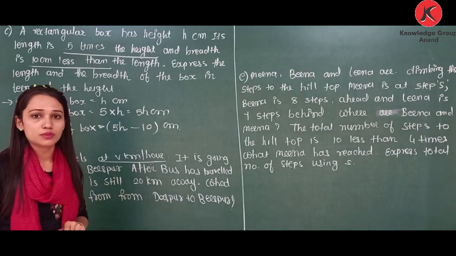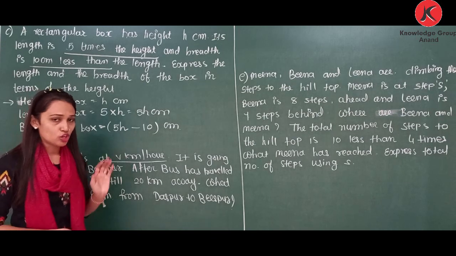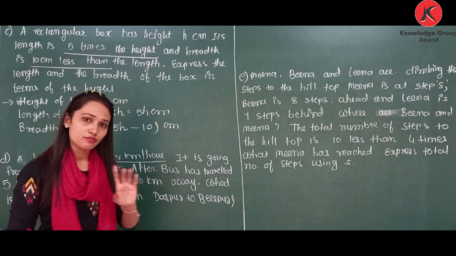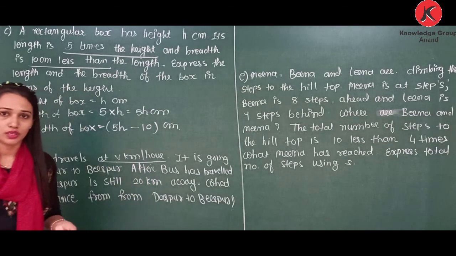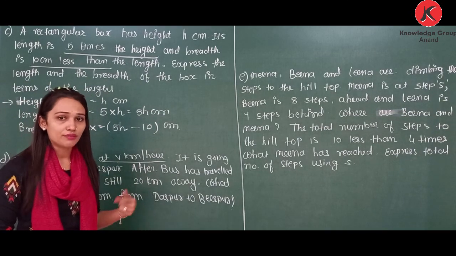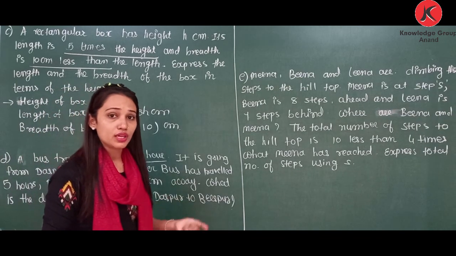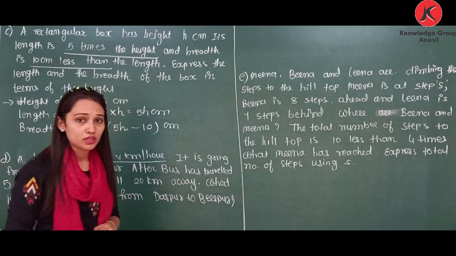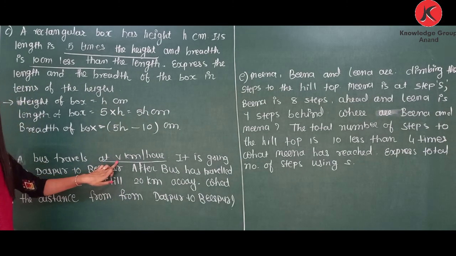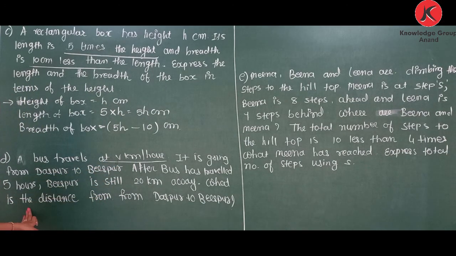For example, if your speed is 10 km per hour, it means in 1 hour you can cover 10 km. In 2 hours you can cover 20 km. In 3 hours you can cover 30 km. So here the speed is v km per hour, which means in 5 hours the bus can cover 5v km.